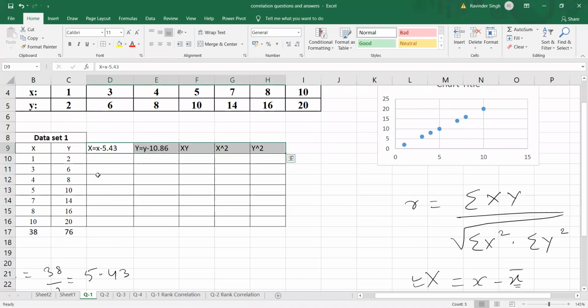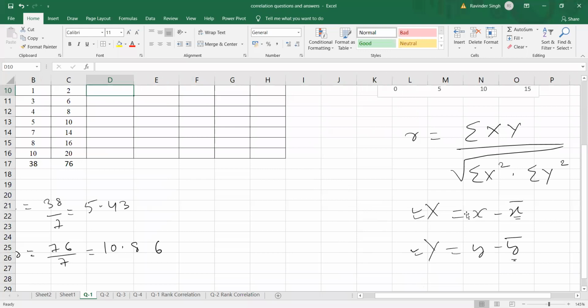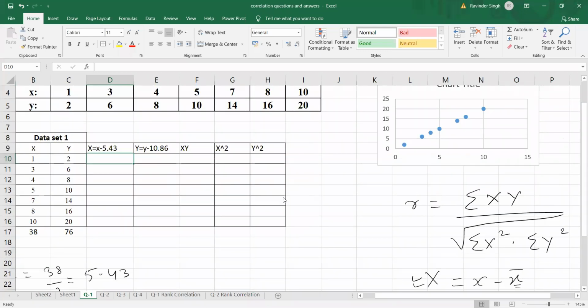All right. So understand that this calculation you have to do according to the formula. Capital X into capital Y, this value I need to find. So I have written capital X into capital Y, and capital X square, capital Y square.